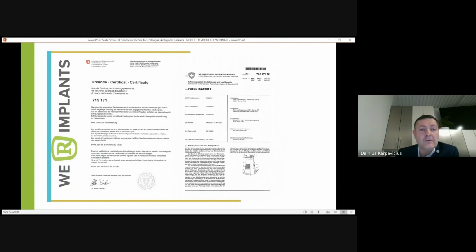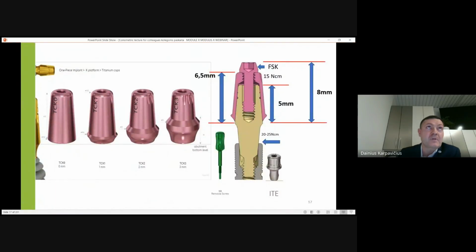So the patent of this product, we still keep this document on the way. And this is very important for us, because we made this patent for a very small reason for conometric crowns, these findings that you can see here on this schematic drawing. These findings are extremely important for conometric, because during manipulation in the mouth they are mandatory.